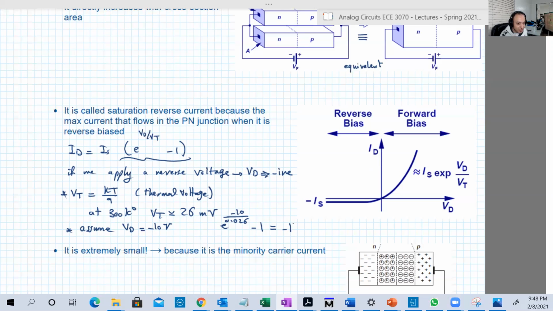That's why it's minus 1. Because e to the minus 10 over 0.026 is very, very small. It's 0.